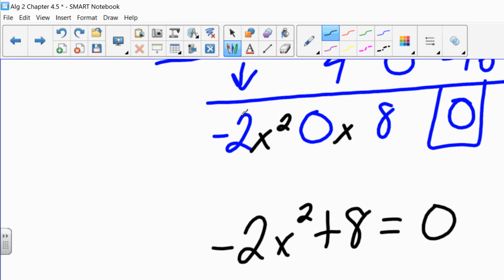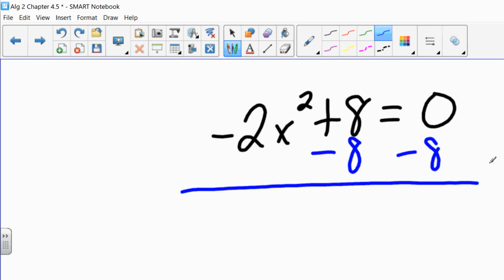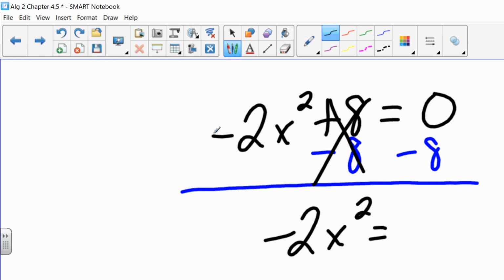We can get the x squared by itself, and then square root both sides. So what we could have done is subtracted 8 from both sides, which these here would have canceled, leaving me with -2x squared is equal to -8.